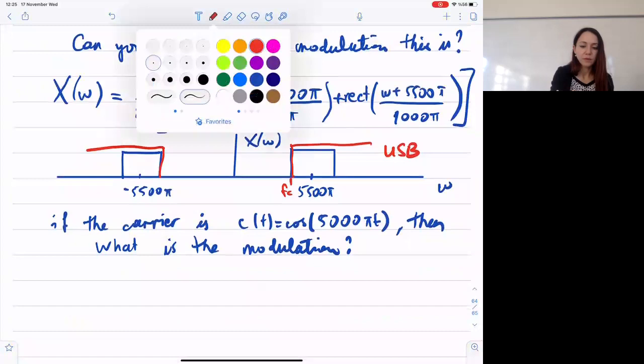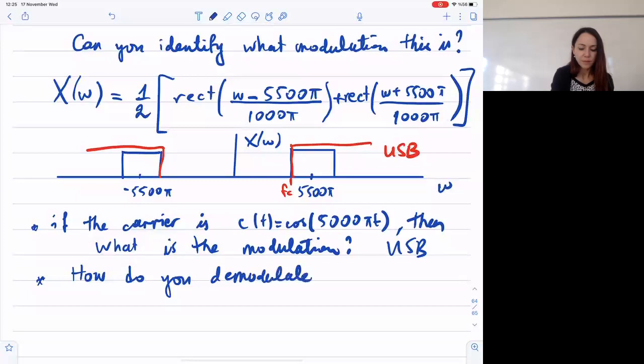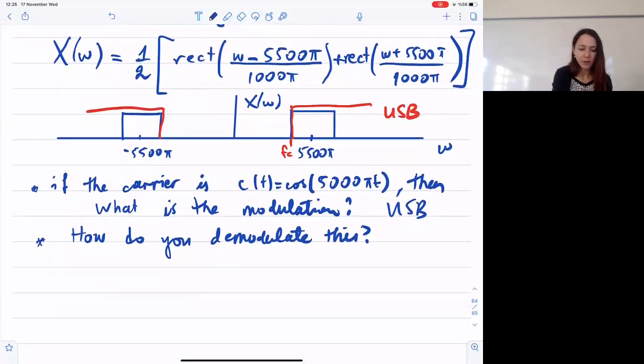Now, the answer is upper sideband. How would you demodulate it? Take x of t and what? Well, all you need to do is really bring it to the baseband by a mixer and then filter it.